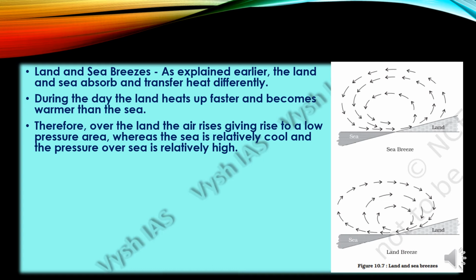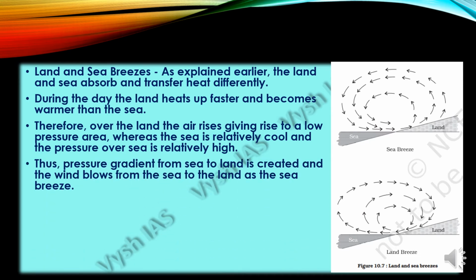Whereas the sea will be relatively cooler than the land, so there the pressure will be relatively high. Then a pressure gradient from sea to land is created, and the wind will start blowing from the sea to land, because it moves from high to low pressure area. So the wind will blow from sea to land as the sea breeze.